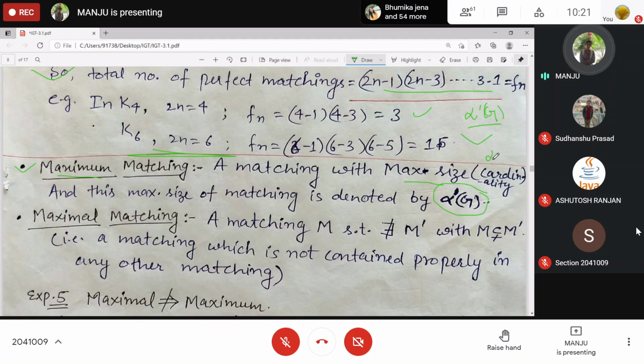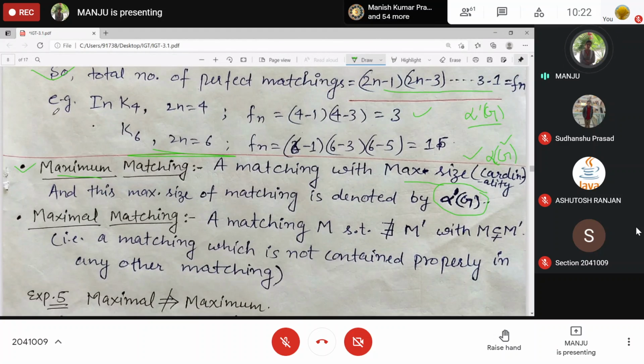And what will be alpha G? This will come in 3.3 or in this section only. That will be your maximum independent vertices. Alpha G is your maximum independent vertex cardinality, the maximum number of independent vertices, which we did while doing the clique and independent set.